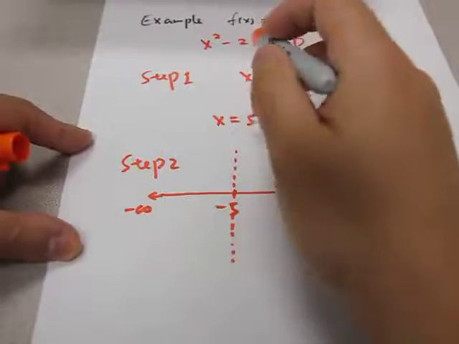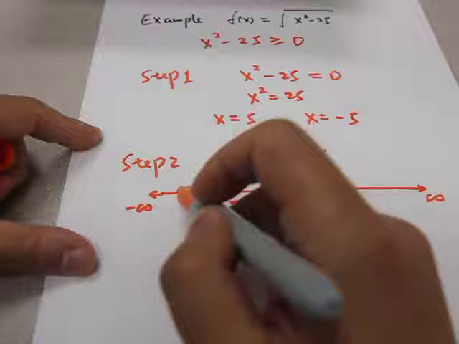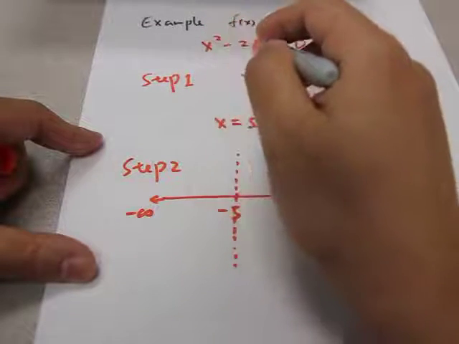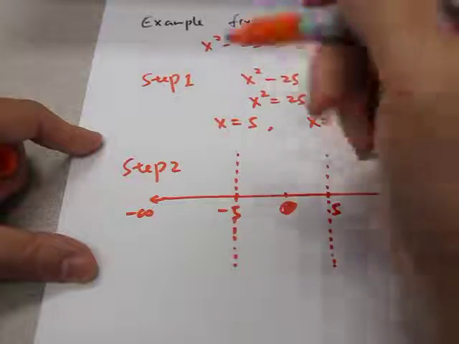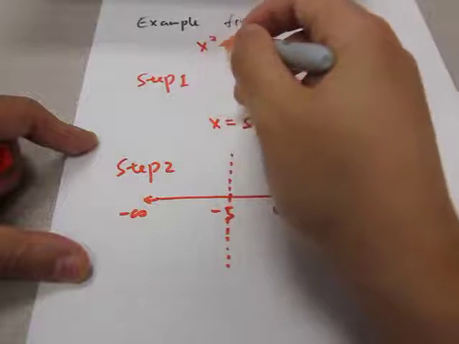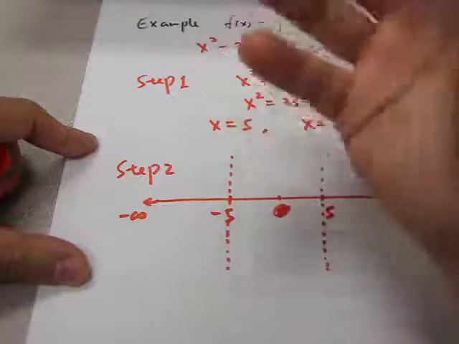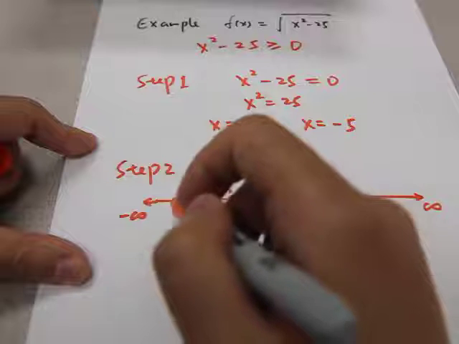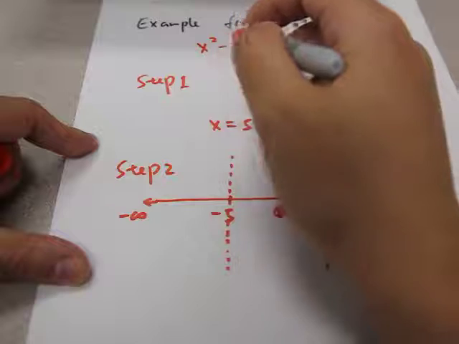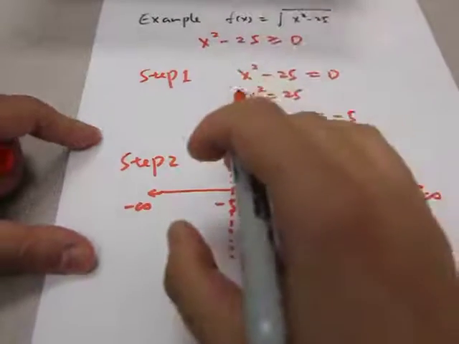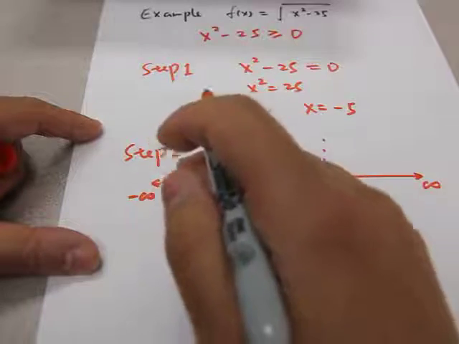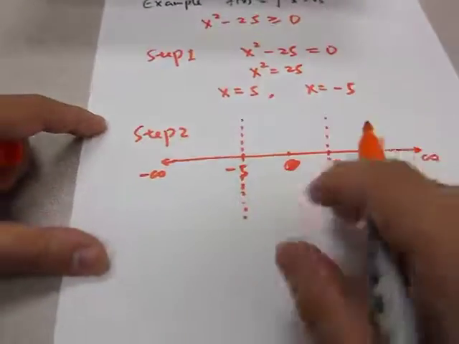If the result is positive, that means for every number in this interval, x squared minus 25 will be positive. Now, if the result is negative, that means every number in that interval will make x squared minus 25 be negative. So, therefore, we should exclude every number from that interval from our domain.